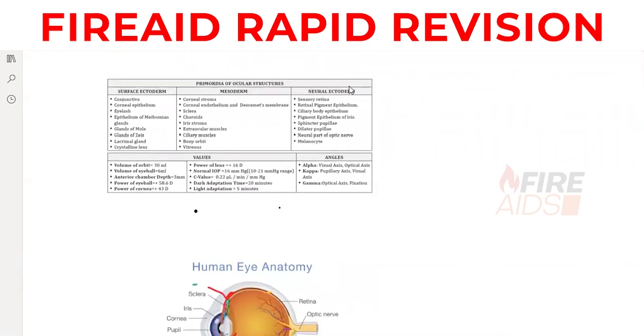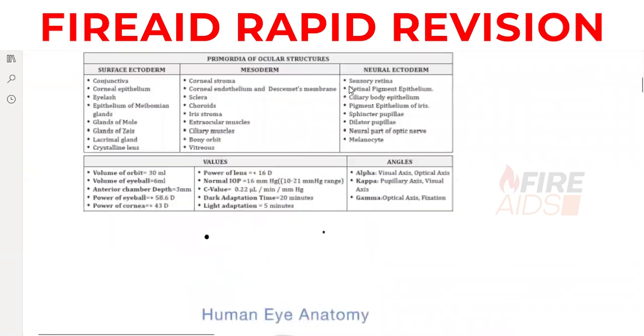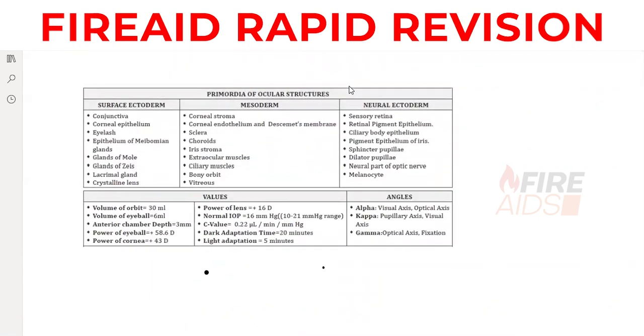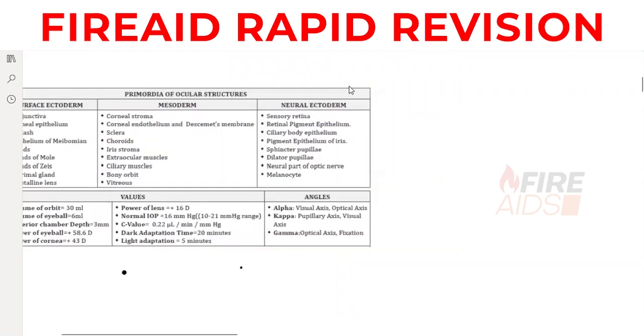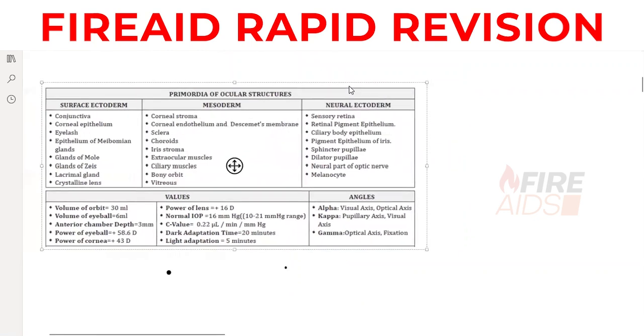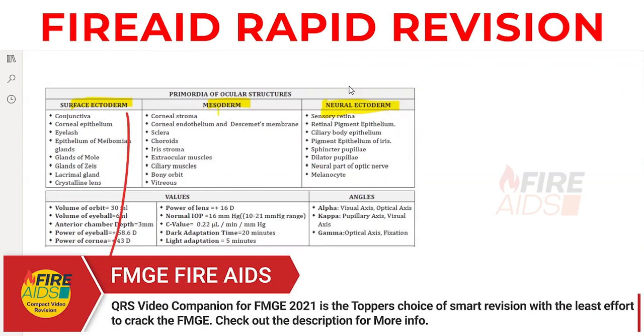Now going to the primordial of ocular structures. The eye structures start from either surface ectoderm, mesoderm, or neural ectoderm. One of these three, the eye structures develop from. For surface ectoderm, the words you are going to remember are C and gland. Gland is for any gland: gland of Meibomian, gland of Moll, gland of Zeis, lacrimal gland.